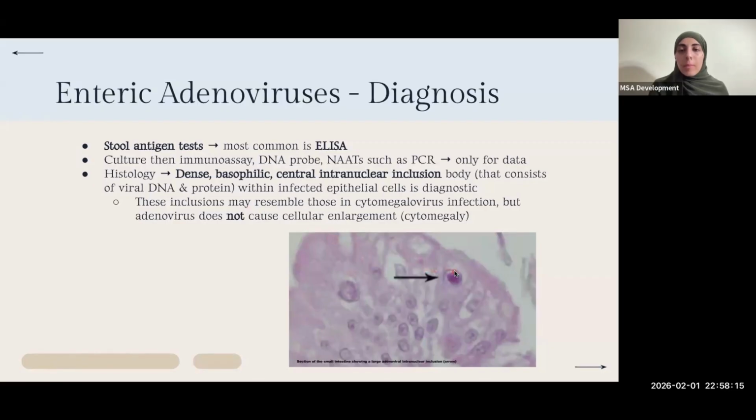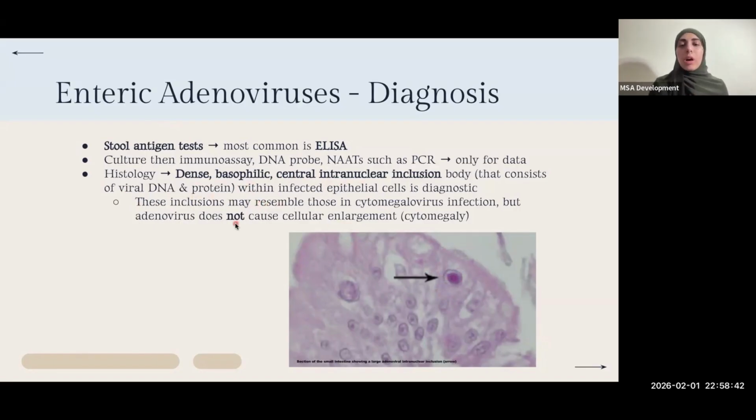But you have a nucleus and you have intranuclear inclusion body, and this inclusion body is dense, it's basophilic, and it's central and inside the nucleus. Okay, so dense, basophilic, central, intranuclear inclusion body. And this inclusion body contains the viral DNA and proteins, and it's found within the infected epithelial cell.